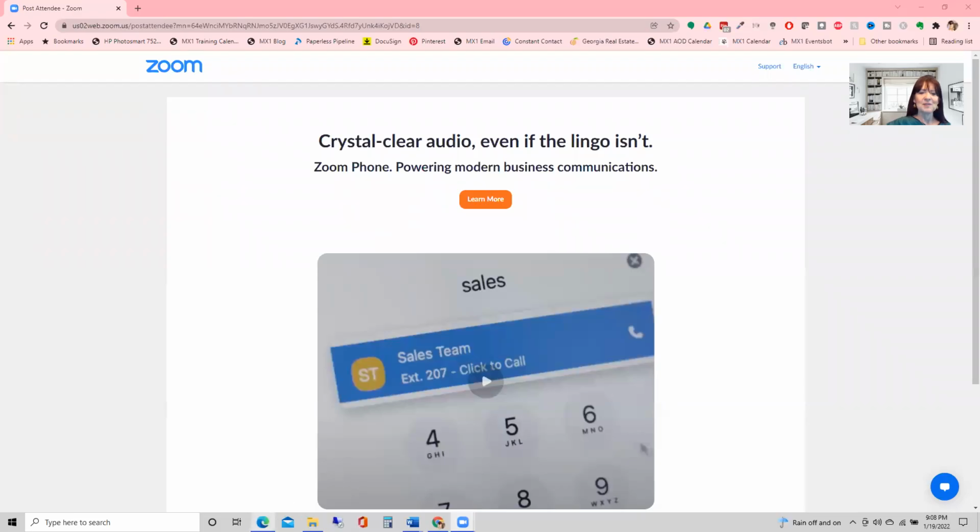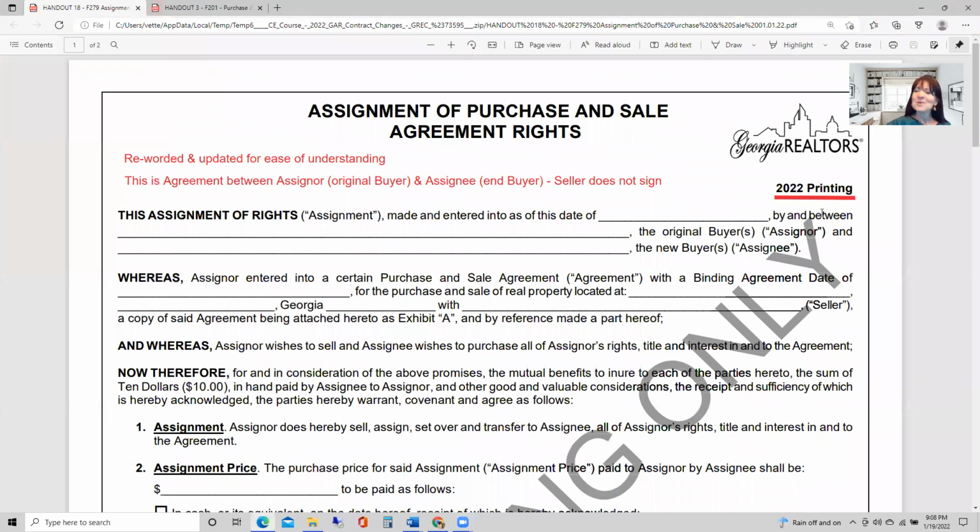But the purpose of today's video is just to go over the changes that the Georgia Association of Realtors made on this agreement. Again, it is form F279.